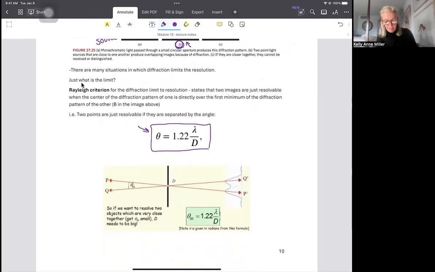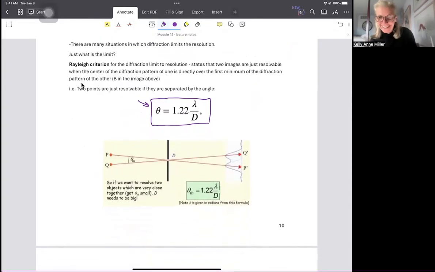I think this picture down here illustrates this the best for me. Say you've got two light sources, light source P and light source Q, and they are some angle apart from each other. You've got a lens, and here is a circular aperture.